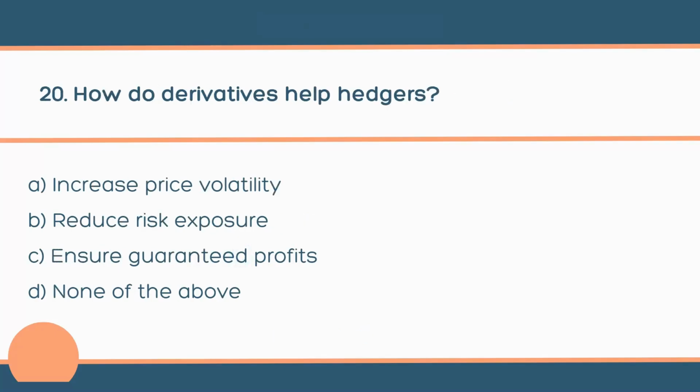How do derivatives help hedgers? They reduce risk exposure because they use derivatives to lock in prices and reduce future losses. So the answer is reduce risk exposure.